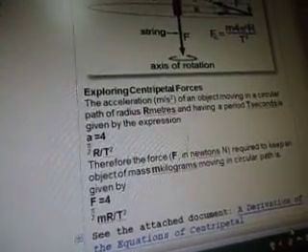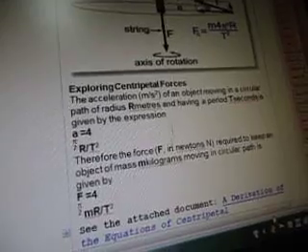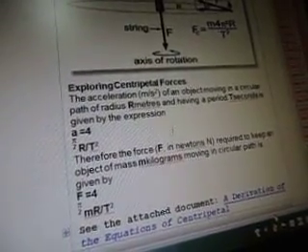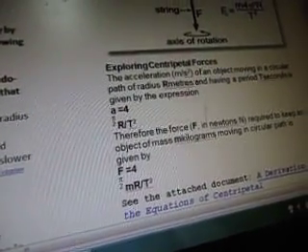Therefore, the force F in newtons required to keep an object of mass m kilograms moving in a circular path is given by F = 4π²mr/T². I did it again.